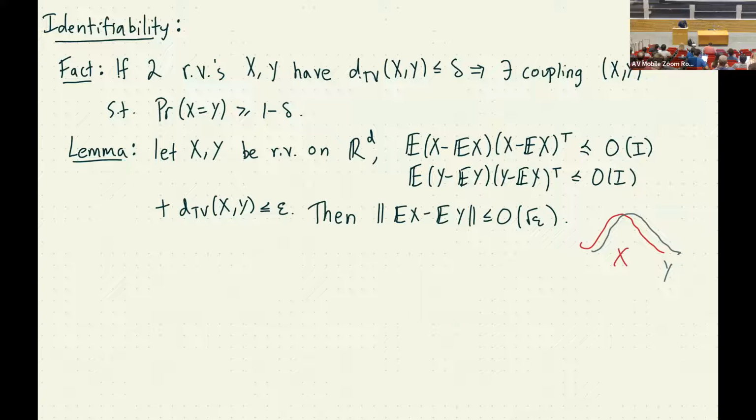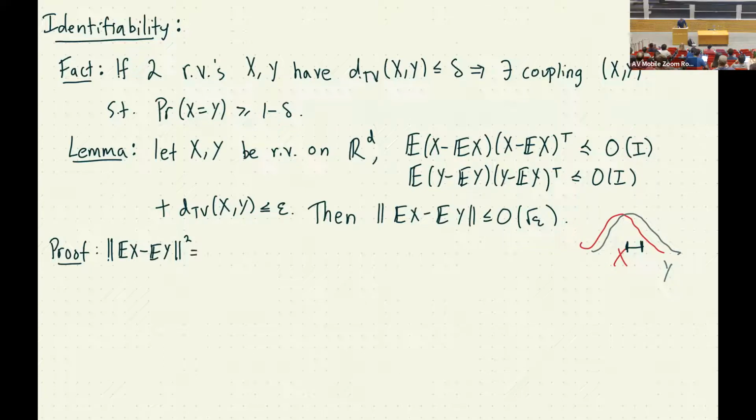Proof. So I'm going to take XY to be this optimal coupling between X and Y, the coupling that's described in the fact above. And now I'm going to use this coupling to prove the lemma. So suppose I look at the square of the L2 distance between the mean of X and the mean of Y. In this picture, it's this distance here, if those are the two means.